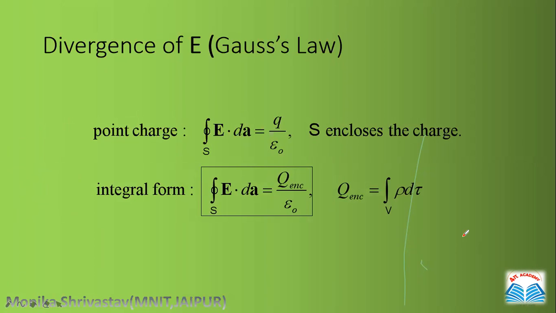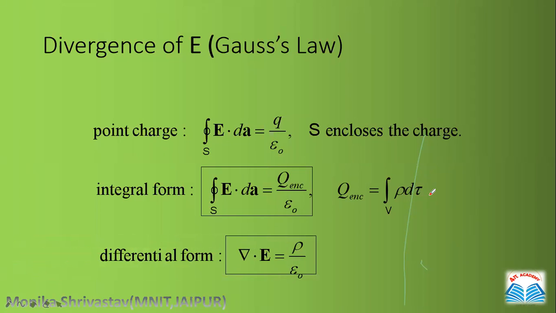Q enclosed is the total charge enclosed in that closed surface, or in that symmetrical shape, which is equal to the integral over V of rho d tau. What is rho here? Rho is the volume charge density, and d tau is the volume element. In this integral, we integrate the function over the volume. So this is the integral form.